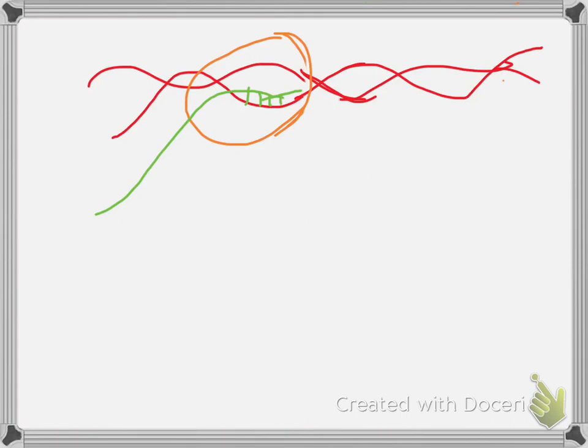This transcription continues until a termination sequence is reached. Usually the common termination sequences are GC-rich regions, a palindrome, followed by an AT-rich sequence.